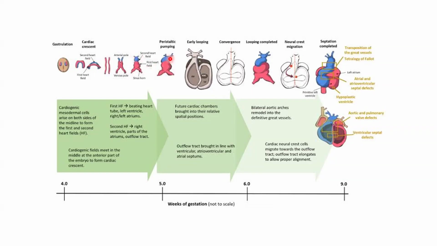Then the primitive heart begins to beat and undergoes a looping process that is rightward, the D loop, and anterior. So it brings the anterior structures a bit more to the posterior portion, and the posterior ones a bit more to the anterior structures. Once the looping is done, neural crest cells migrate into the heart to help with septation of the heart. The atria are septated, the ventricles are septated, the outflow tracts are septated as well.